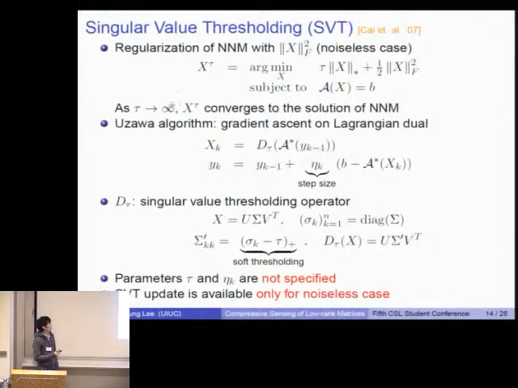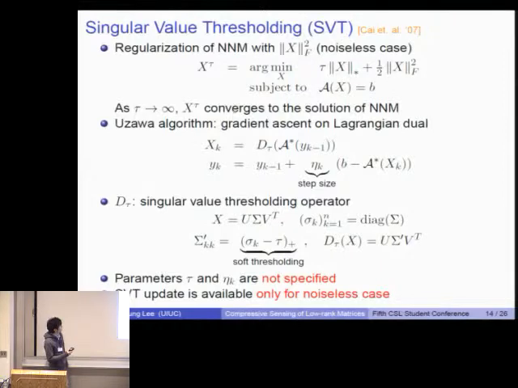They have shown that as tau goes to infinity, actually its intuition is that the second regularization term can be ignored. Then it reduces to the original nuclear norm minimization. Then actually X tau converges to the solution to the original nuclear norm minimization in Frobenius norm.